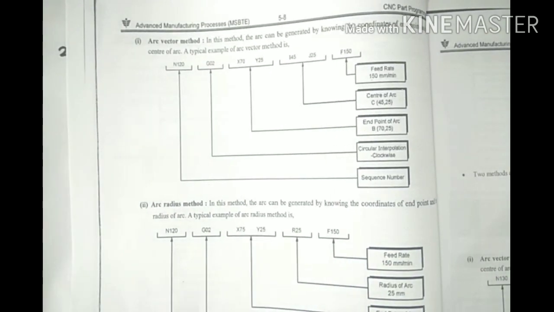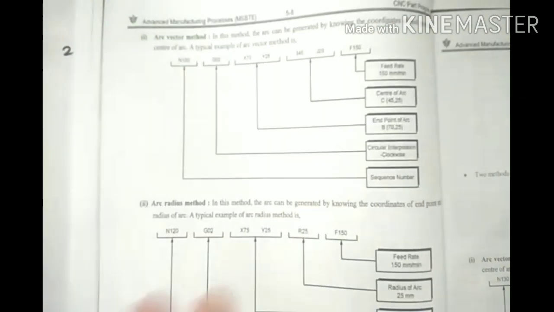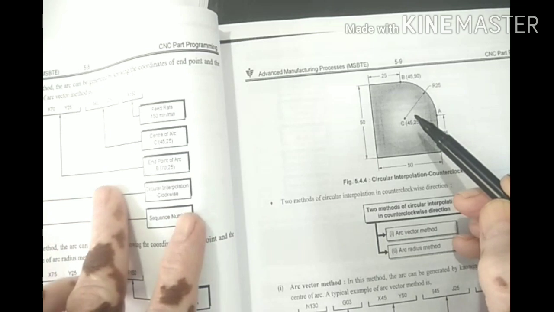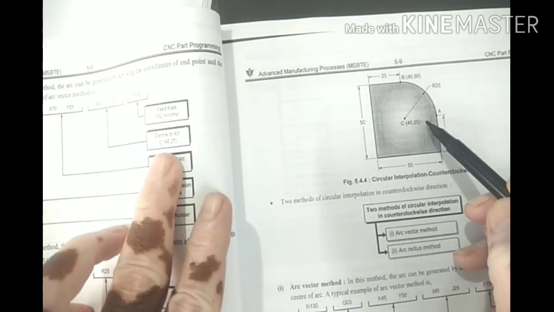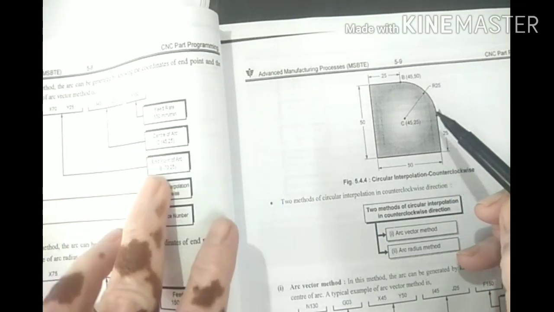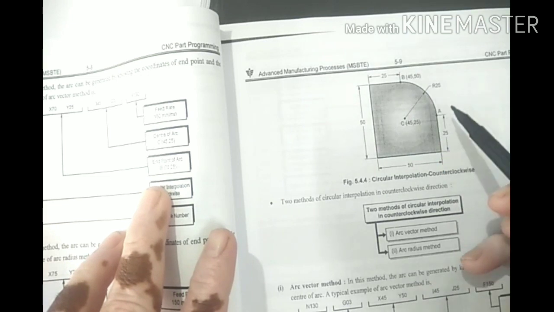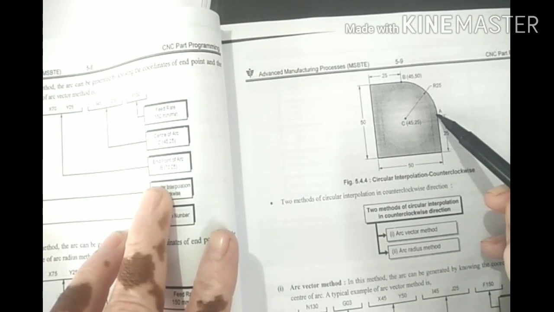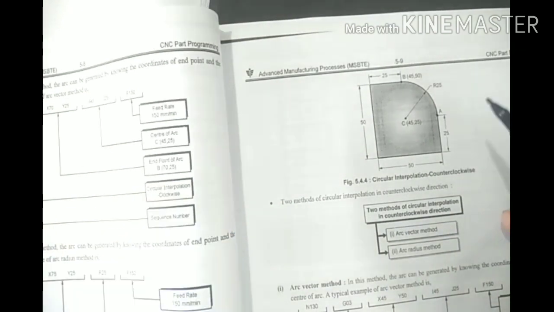You can see in this figure. So this C point here is 45, 25, and the arc ends at this point in case of clockwise. So this end point is 70, 25.